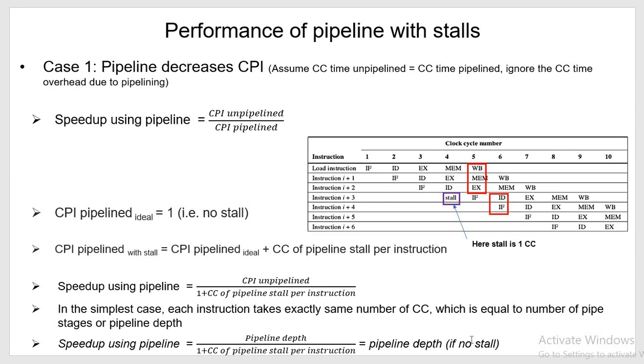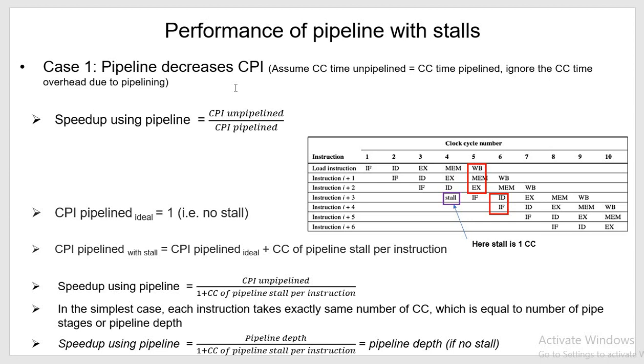It will be equal to pipeline depth if there is no stall. But if there is a stall, then this value will be reduced. Okay. So this is how we can calculate the performance with respect to CPI under ideal conditions with no stall, and with stall as well.